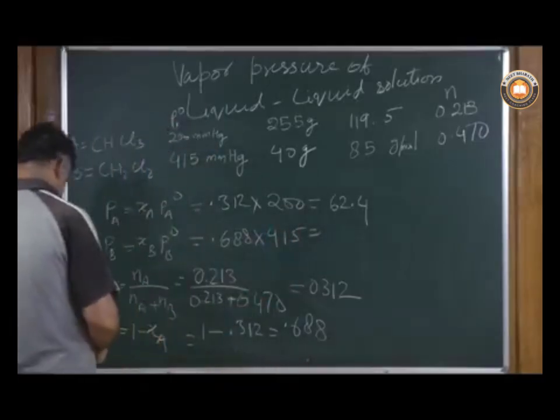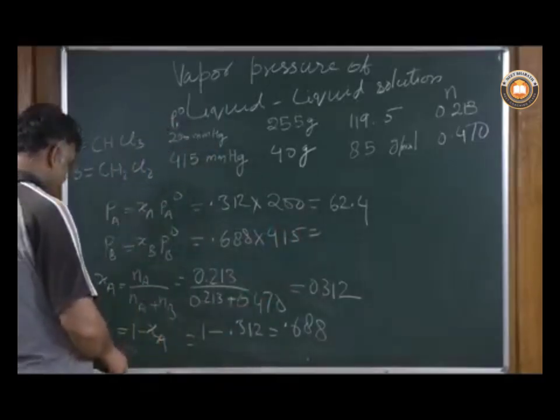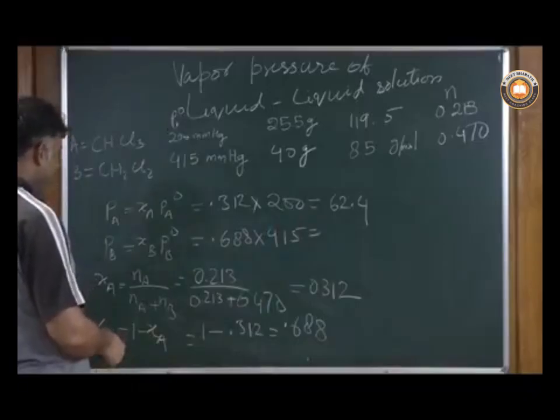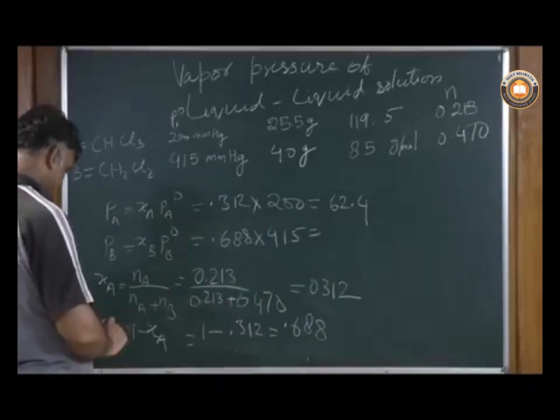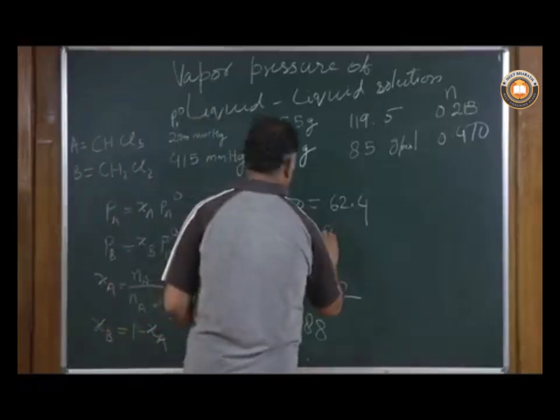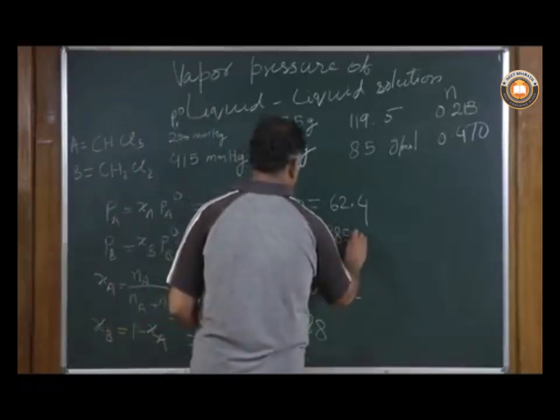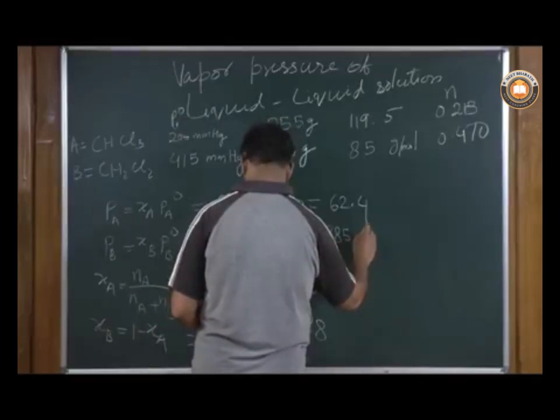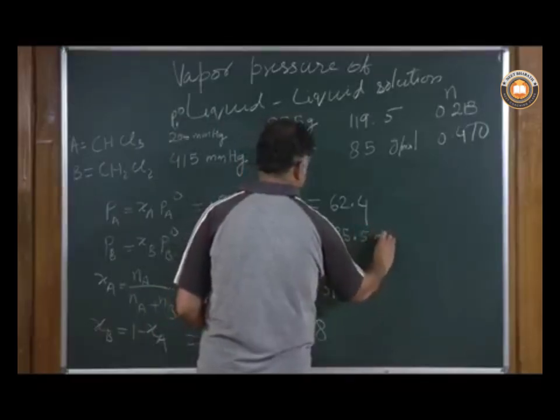The answer I am going to get is 0.688 multiplied by 415. The answer is 285.5 millimeter Hg.